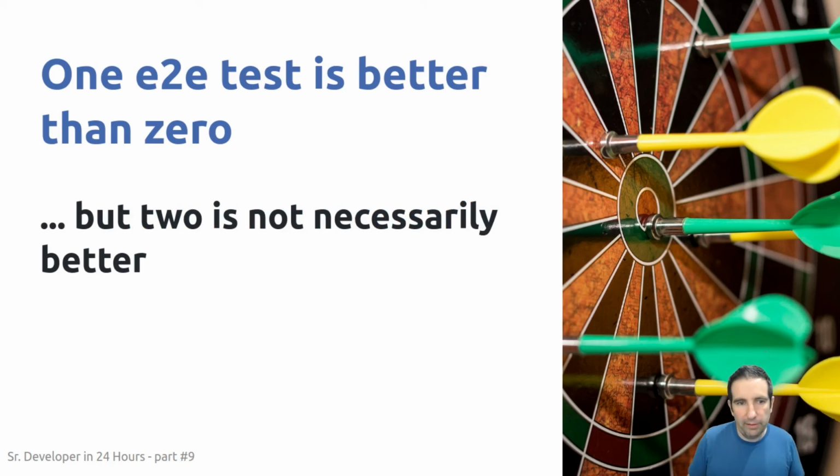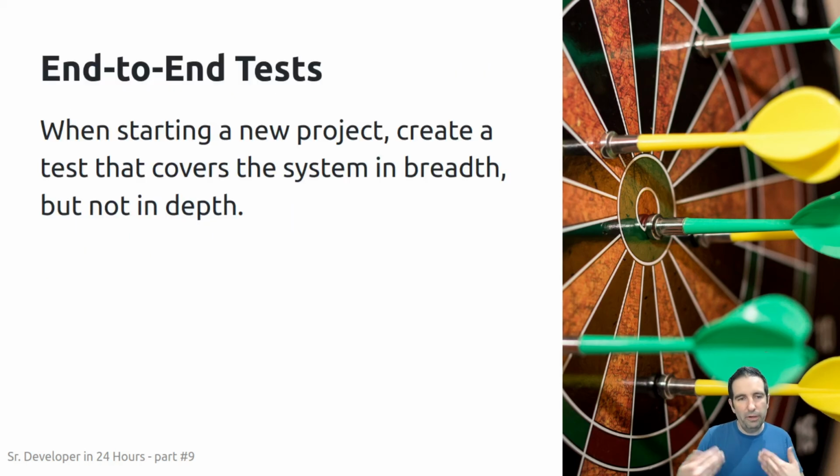One end-to-end test is better than zero, but two is not necessarily better, especially in the beginning. As we're starting to build up our new project, I personally recommend that you start creating a single end-to-end test that covers as much of the service as possible, but maybe not as deep as you would write tests as you're getting close to the end of the development.